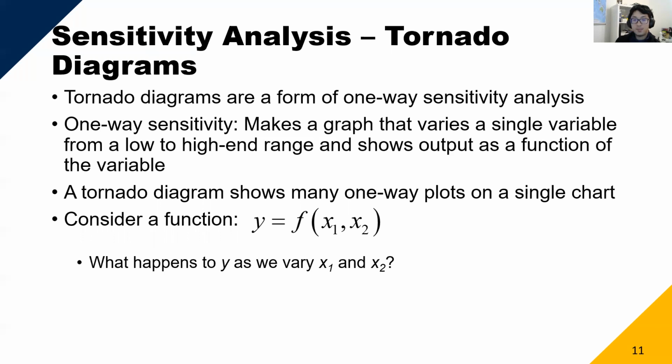So let's show a practical example of this. Consider some kind of function y equals f of x1 and x2. So x1 and x2 are inputs into the model. And the whole question is basically, as I change x1, or if I change x2, what happens to my y?